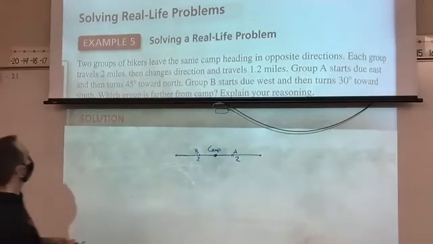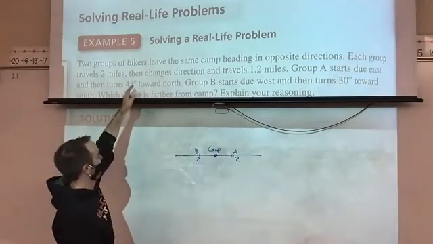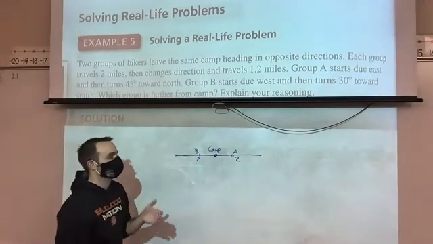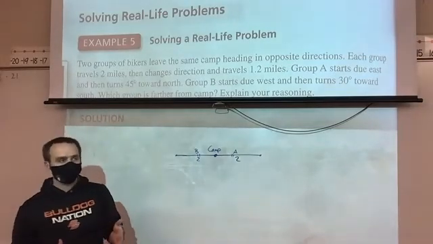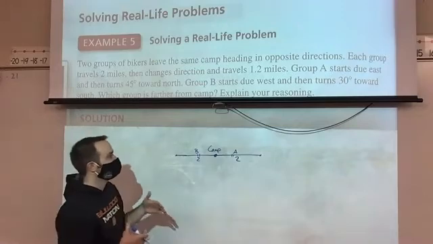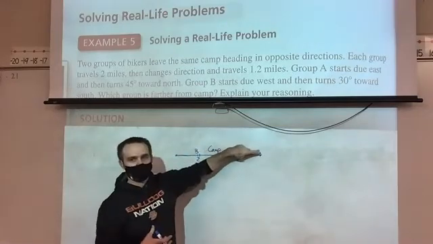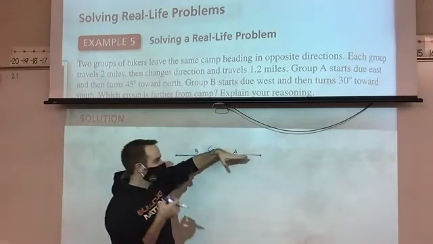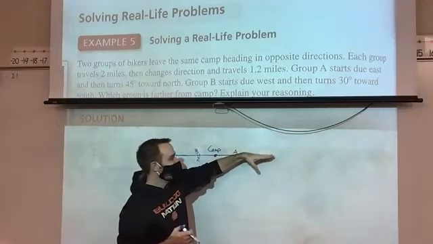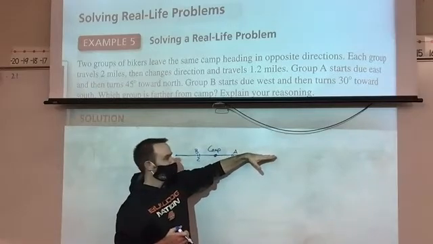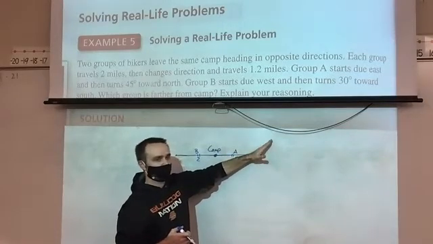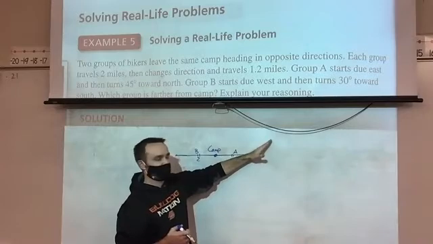Group A starts due east and then turns 45 degrees toward north. And this is where we tend to make the mistake. They are heading in this direction right now, so then they go 45 degrees towards the north. They're turning here. This is the 45 degrees.